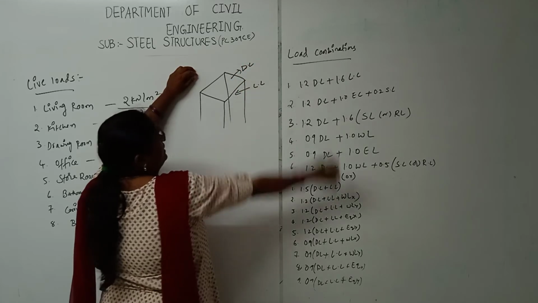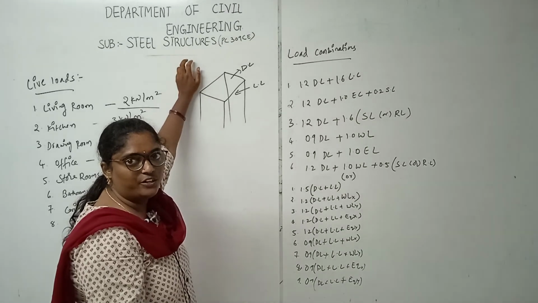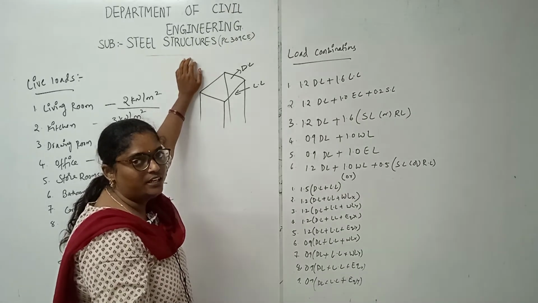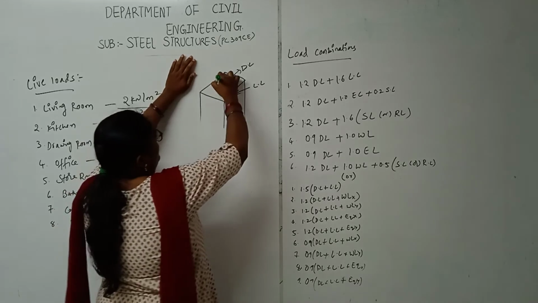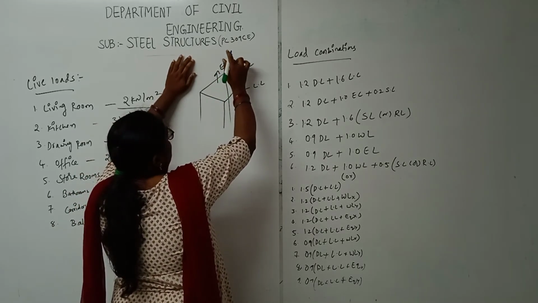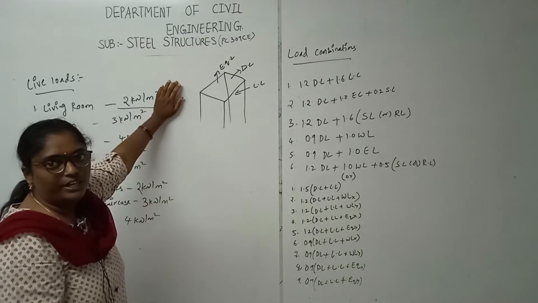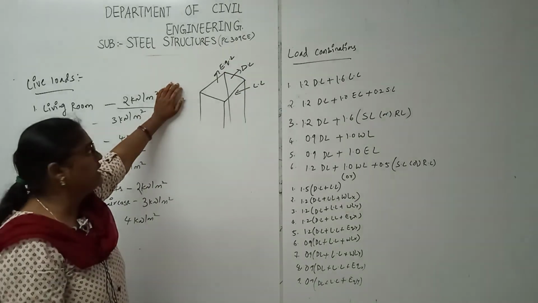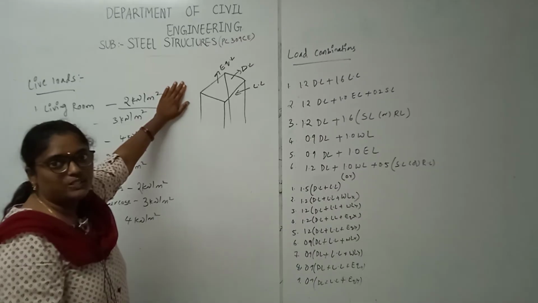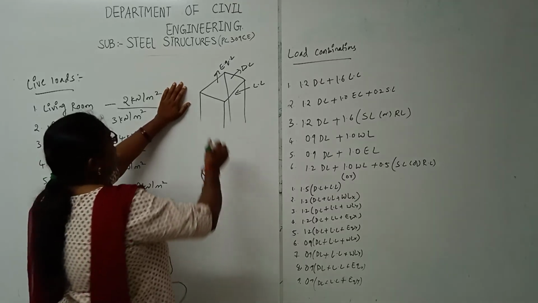Dead load I have already told you: the total self weight of the structure itself is known as the dead load. And here you will have an earthquake load. Earthquake load will not be considered for all areas; only places where earthquakes occur frequently are designed accordingly.